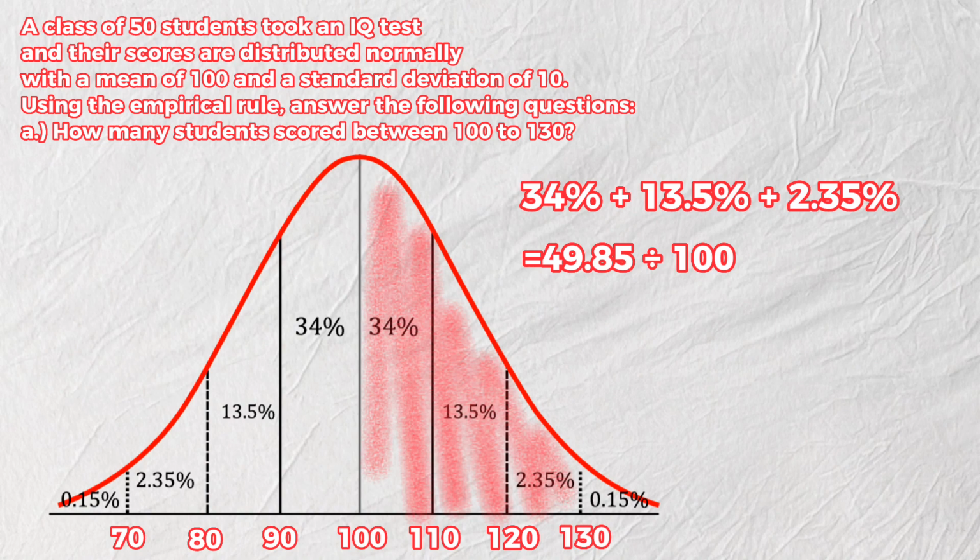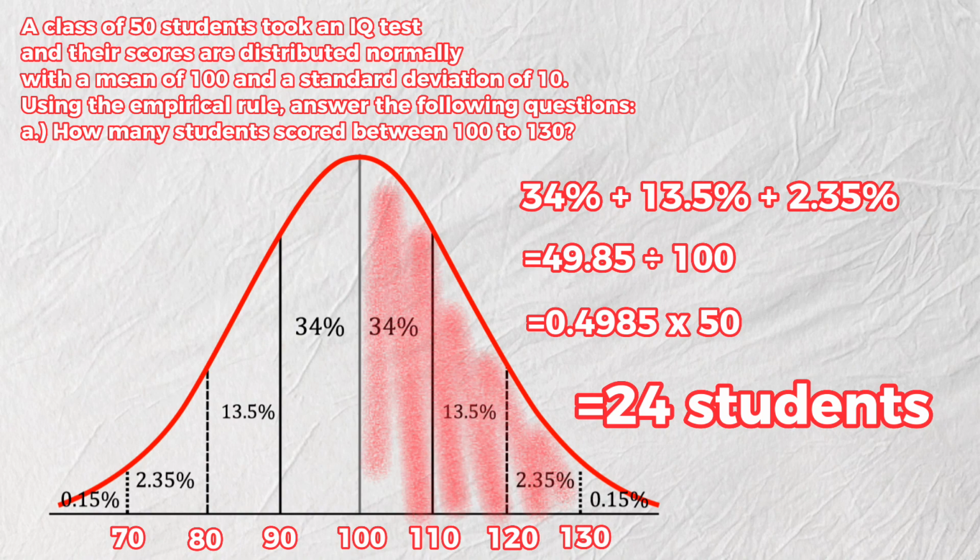But since we are looking for how many students, we will convert this into a decimal by dividing it by 100. And then, we will have 0.4985. Multiply this by 50, which is the number of students, and we will come up with 24. Therefore, 24 students scored between 100 to 130.